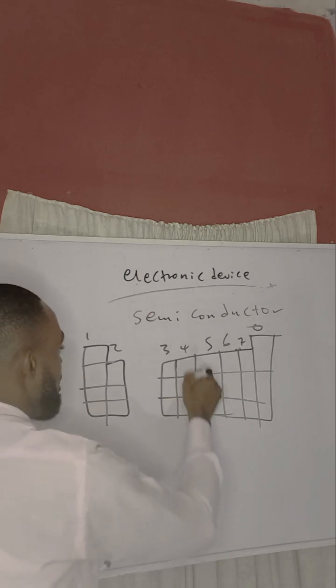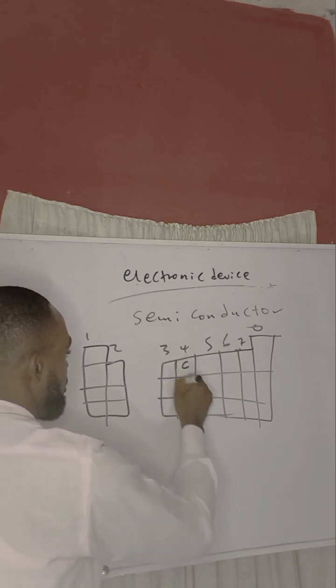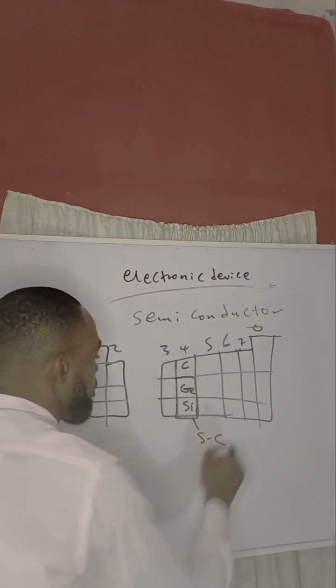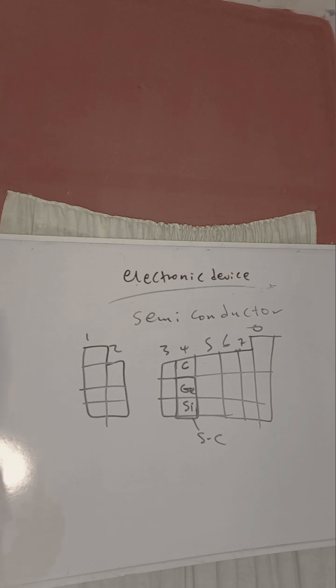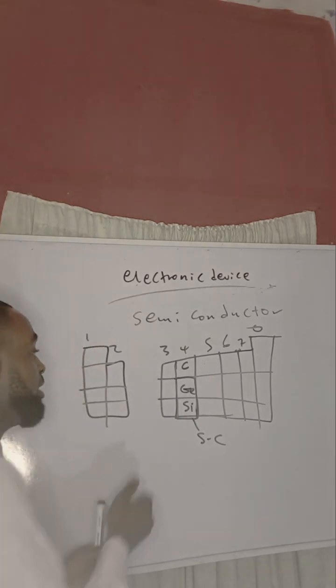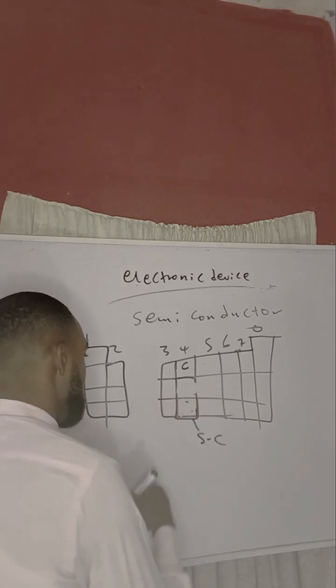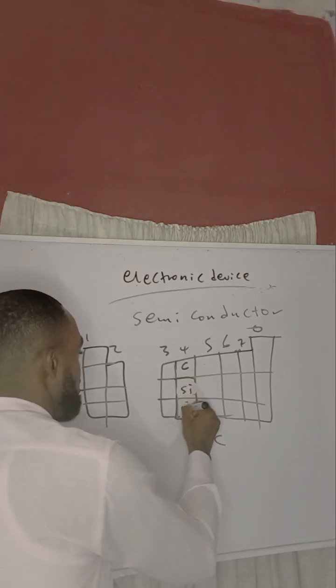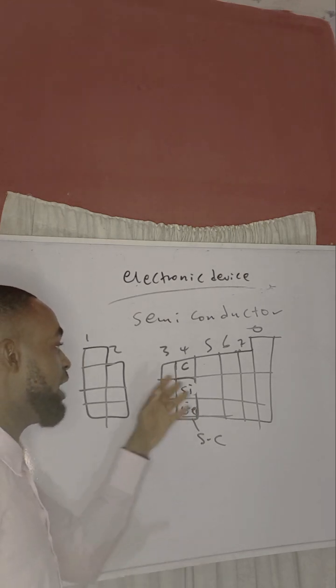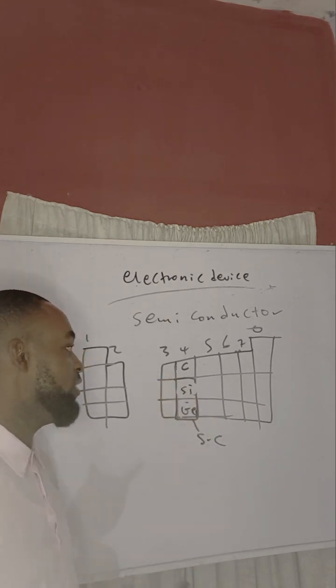In group 4, we have carbon, germanium, then silicon. The elements found in group 4 of the periodic table are called semiconductors. The elements are silicon and what? Germanium. Silicon and germanium are called the semiconductors.